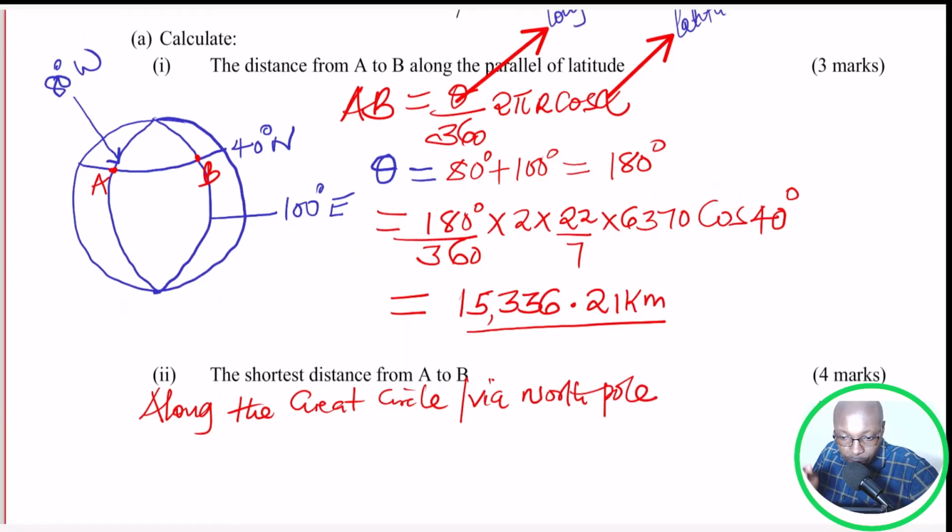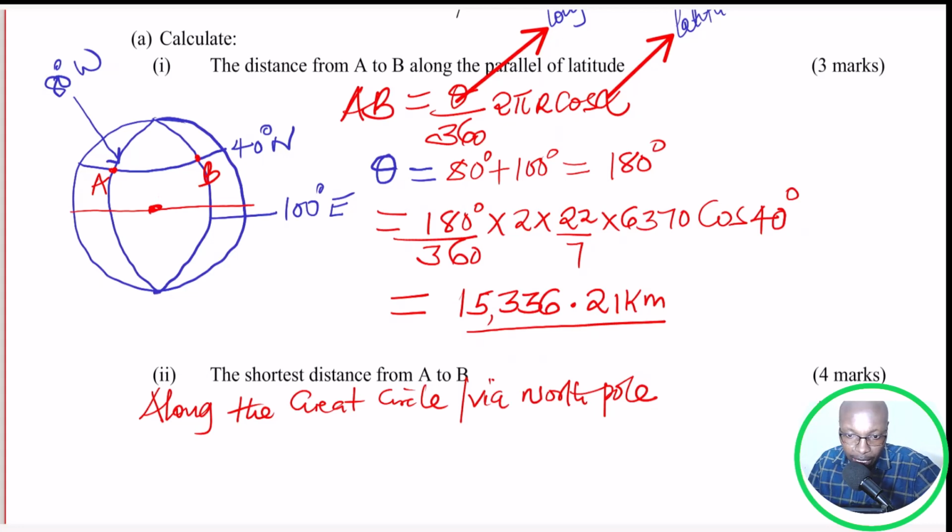So to get the shortest distance between A and B is the distance from A to B along the Great Circle. Now, assuming that this is the center of the Earth and this is the equator. The equator passes through the center, 0 degrees.